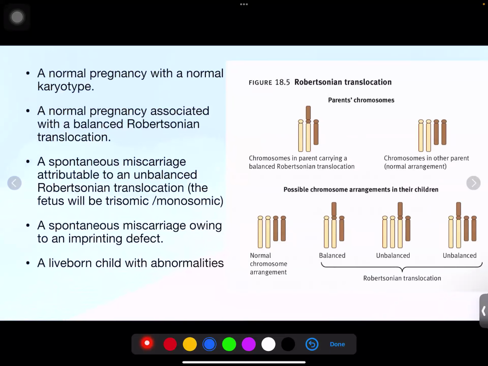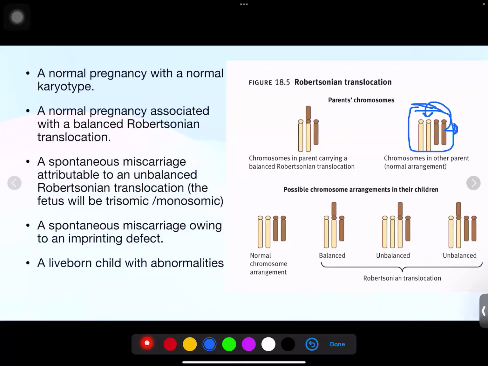See this diagram? They have shown the acrocentric chromosomes. The centromere is near the end, and the short arms are not visible here, only the long arms are visible. So what happened in acrocentric chromosomes? The long arm of one chromosome moves to this non-homologous chromosome.